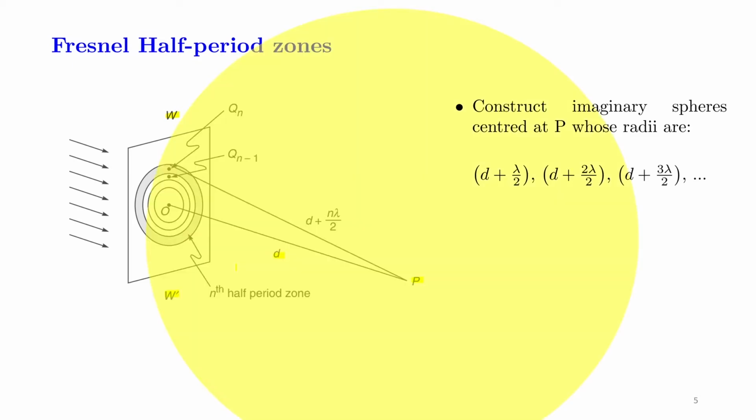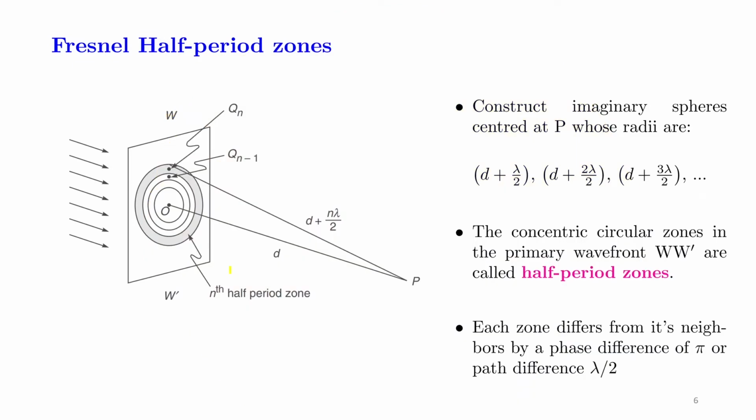This is one such sphere that actually intersects the wavefront. And these spheres will intersect W prime in circles as you see in this figure. So this is one such circle, this is the second one, and again another one.